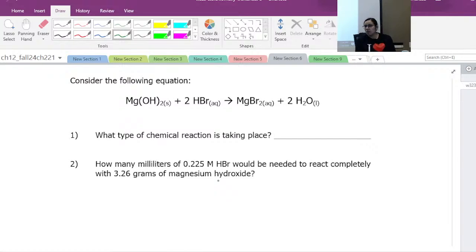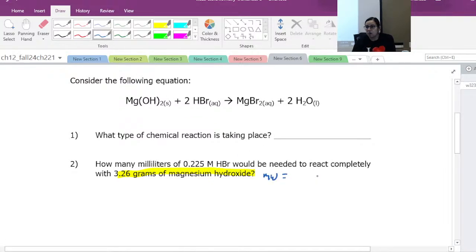So how's this going? Kind of where did y'all start? There's 3.26 grams. All right, so let's do that. What do you get for the molecular weight of magnesium hydroxide?